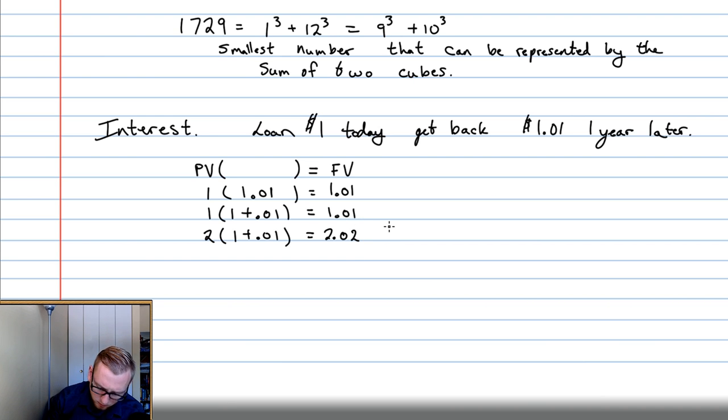What about 2 years? Well, you'd have interest on top of interest, right? So you'd have 2 cents extra, and you gain interest on those.